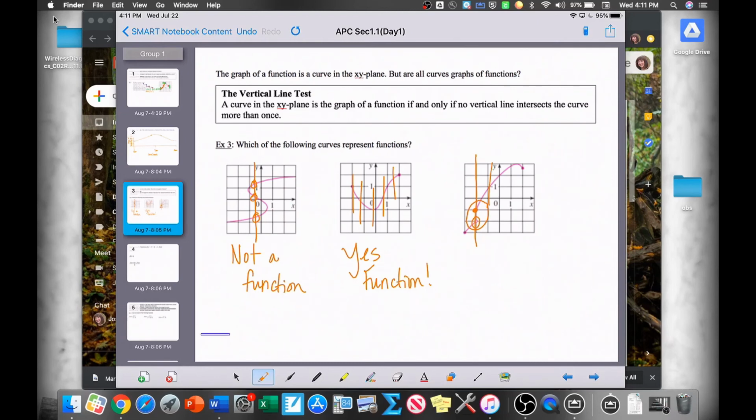It also, as you can see, passes the vertical line test everywhere else. So this one is, yes, a function. And you want to make a little note for yourself here that it still passes the vertical line test, because that circle is closed, but that circle right there is open.